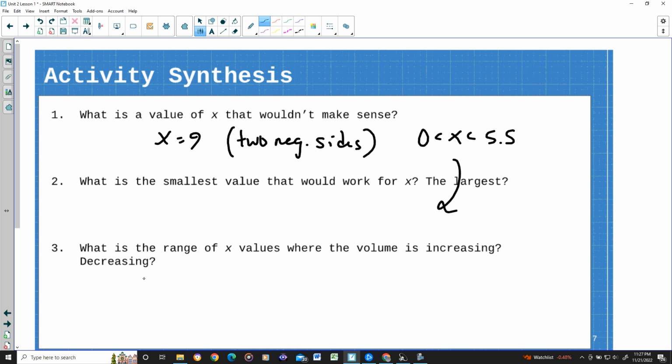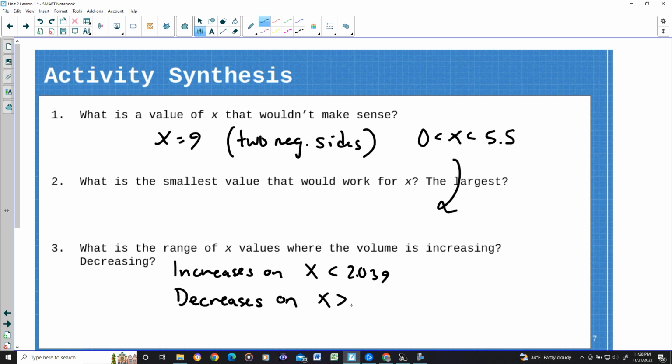So it increases on x less than 2.039, and it decreases on x being greater than 2.039. Well, up until a point, right?